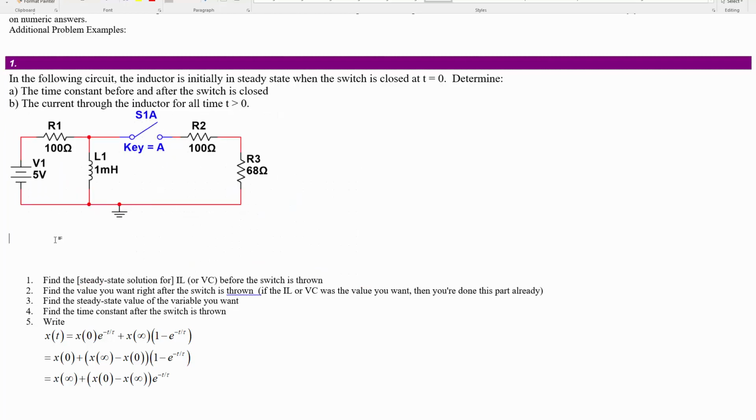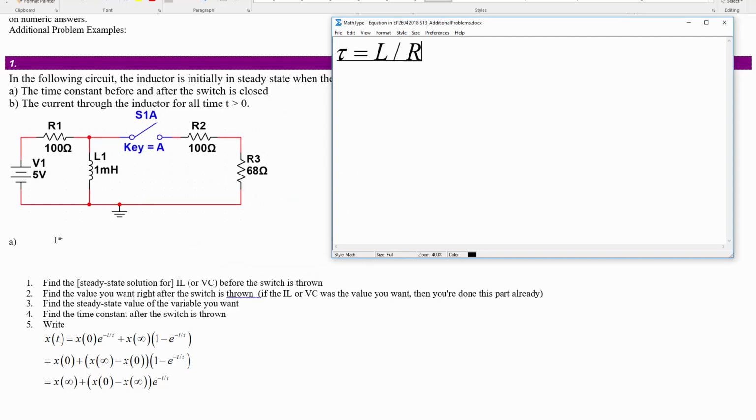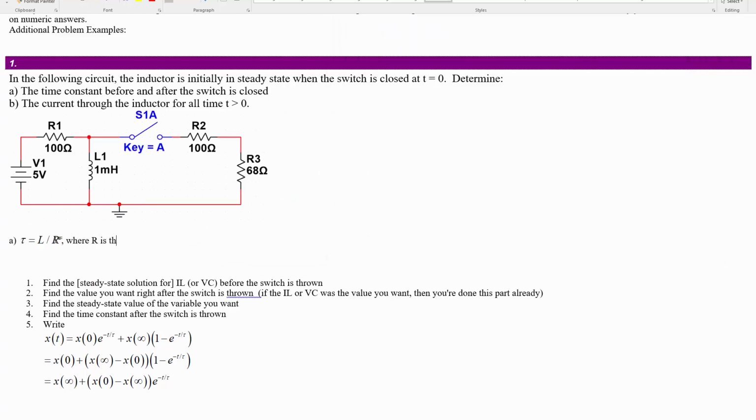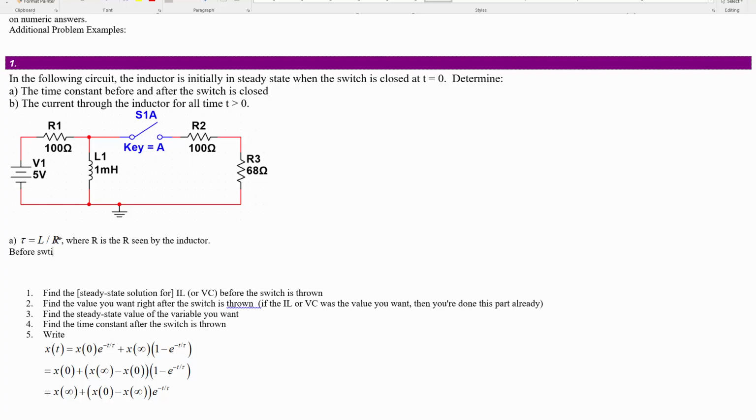So the time constant is going to be tau equals L over R, where R is the R seen by the inductor. Before switching, R equals 100 ohms.